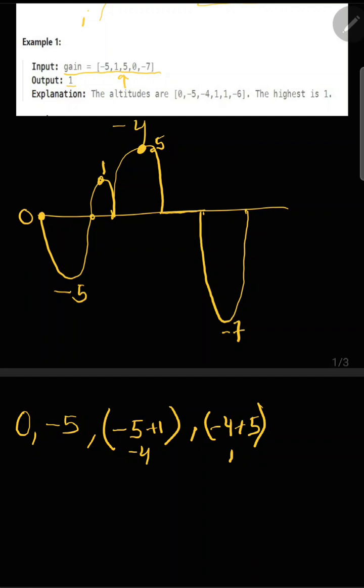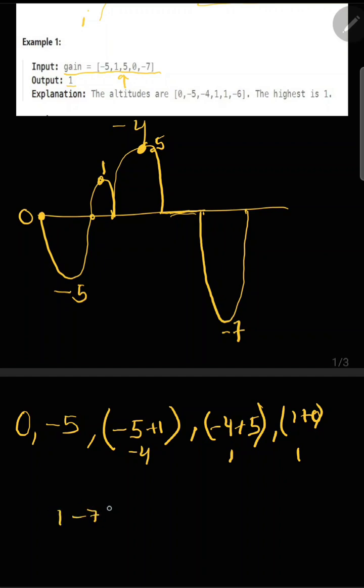And from the 1, from this point, it is going to the 0th level. We are adding all the gains. So here it is 1, and from 1 again it is going where? -7.